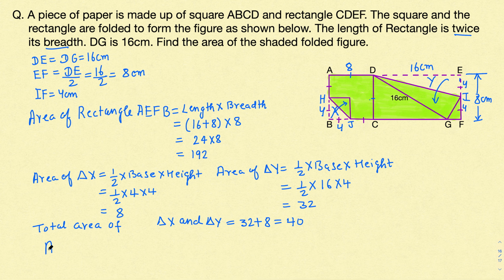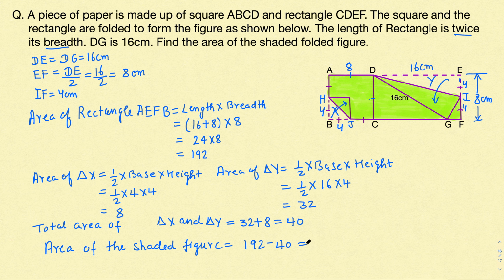So the area of the shaded figure would be the area of the full big rectangle minus the area of these two triangles X and Y, which is 40.